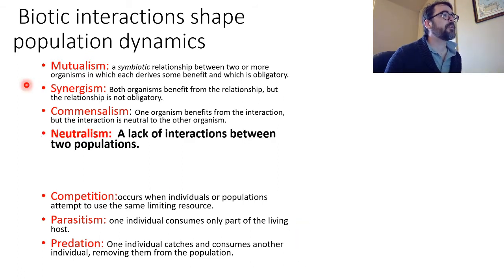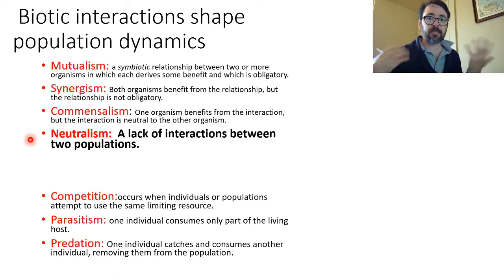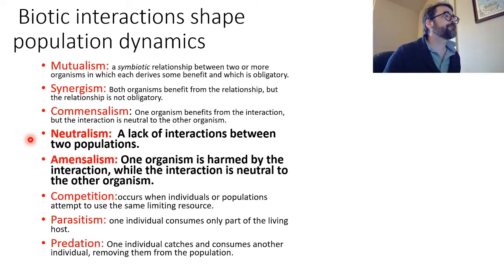And then I want to give you a couple new terms just to round out the different ways, right? We can have neutralism, although we don't talk about it very much, right? A lack of interactions between two populations is totally possible. If we go out to an ecosystem around here, eagles and earthworms probably don't care that much about the population size of each other because they just don't interact. And amensalism, which is the flip side of commensalism.